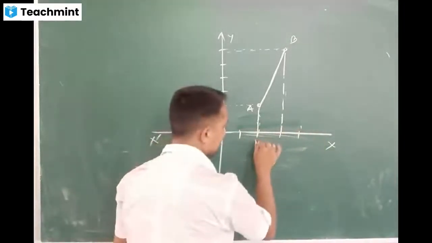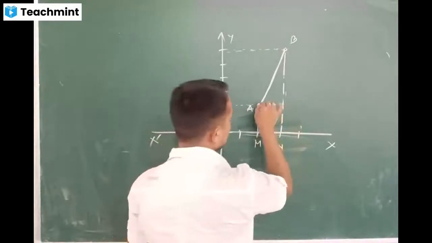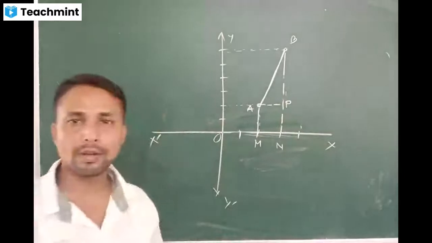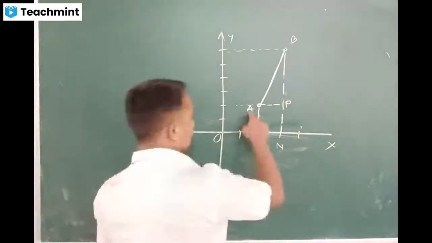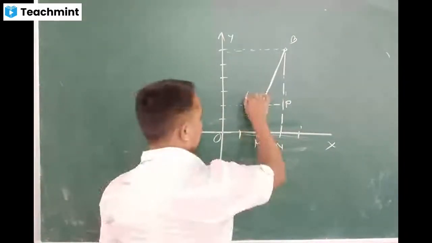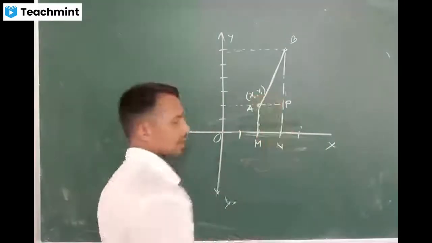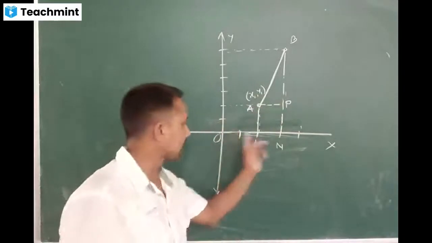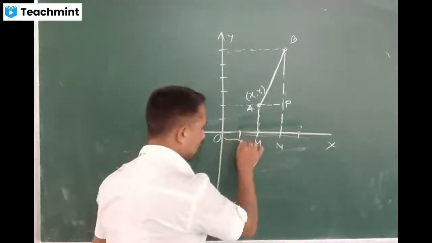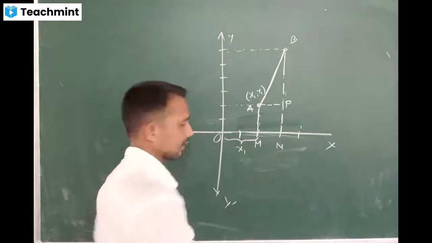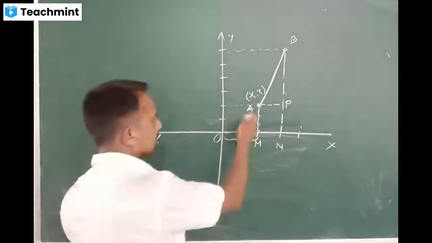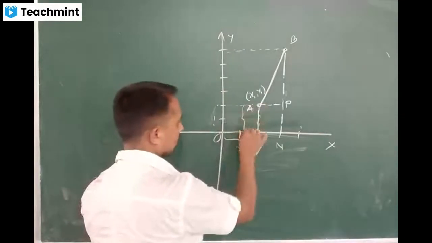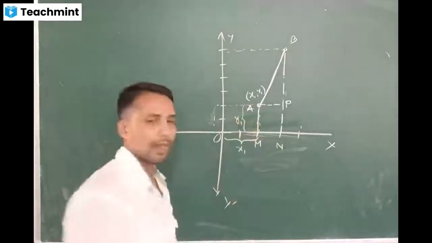Let us name these M and N, and this one P. A is the coordinate point (x1, y1). This distance is called the x1 distance, and this distance is the y1 distance.